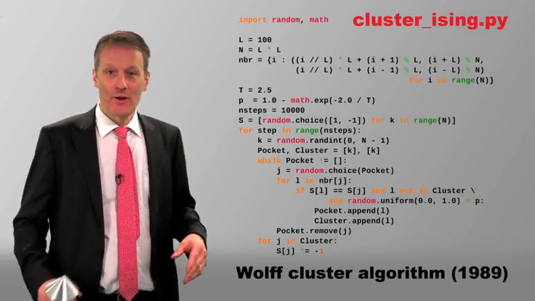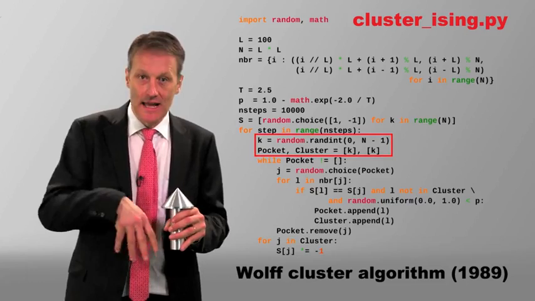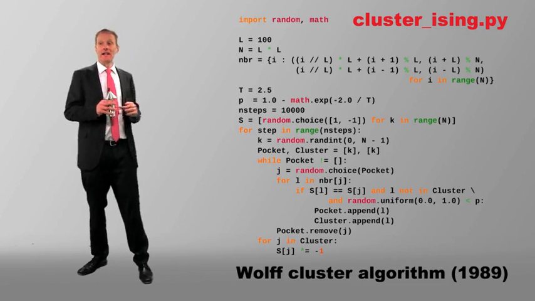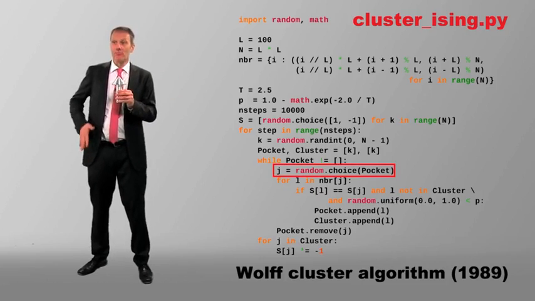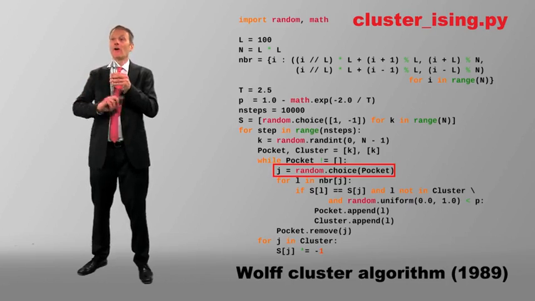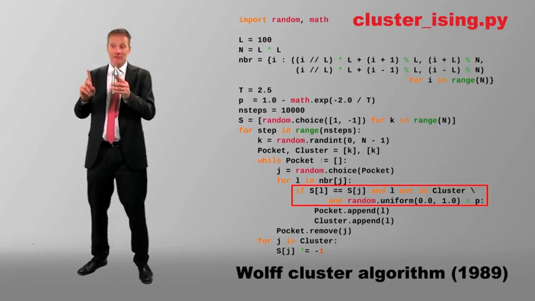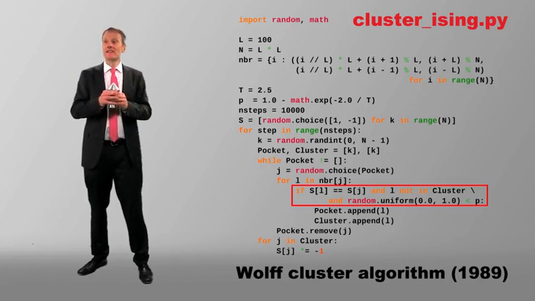So in this algorithm, you take a random spin and you put it into the cluster and into the pocket. Then a complete cycle of this algorithm consists in taking a random element out of the pocket and checking all of its neighbors. For each of the neighbors, you check whether it's not already in the cluster, whether it has the same sign, and whether a random number between 0 and 1 is smaller than p.